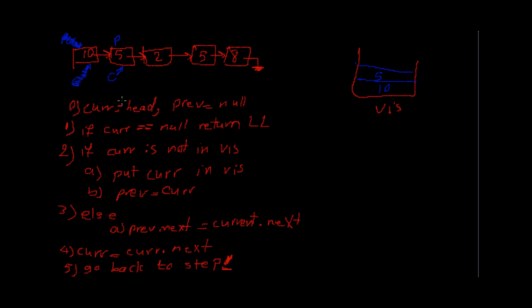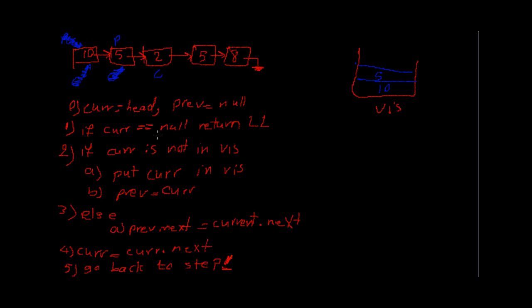Okay, now the next step is to say current is equal to current.next. So we're gonna move this current to the next position and then go back to step 1. Step 1 is if current is equal to null. It's not equal to null.